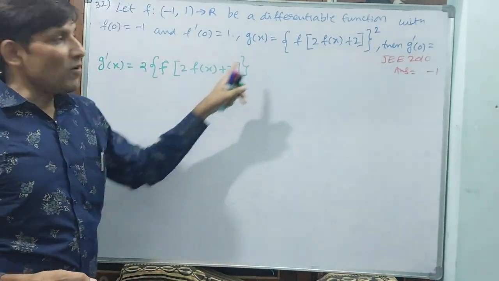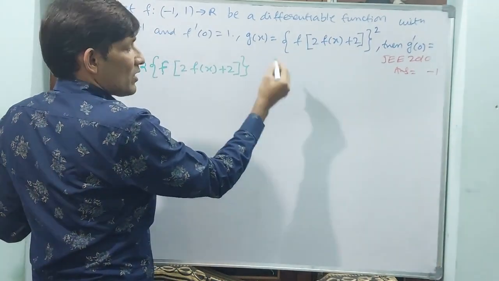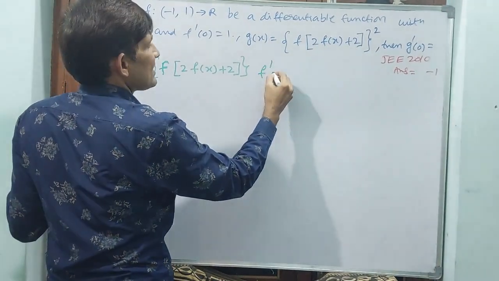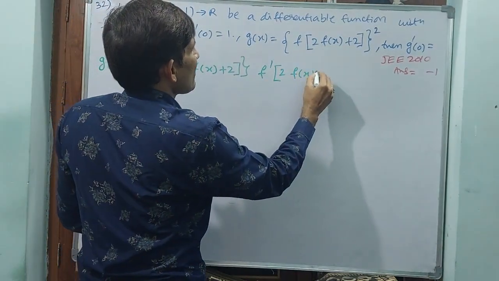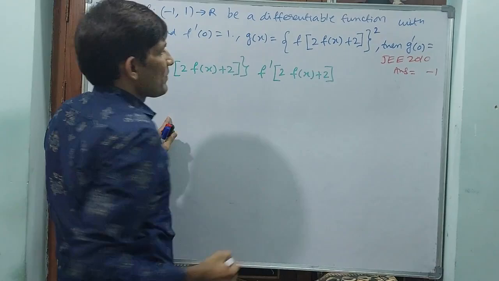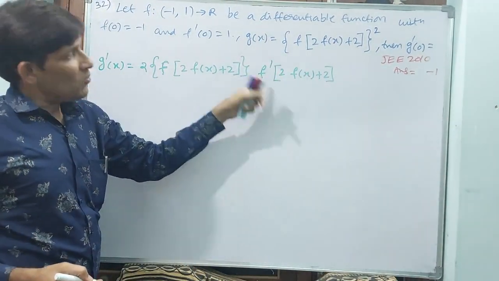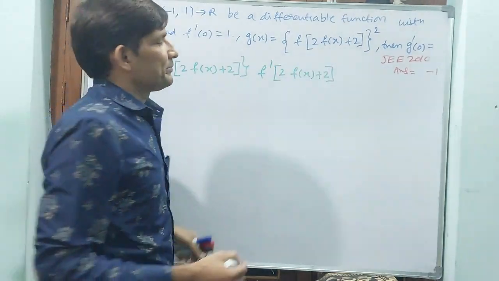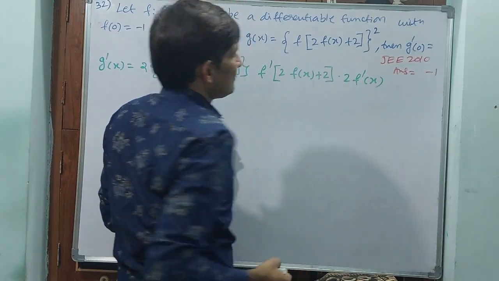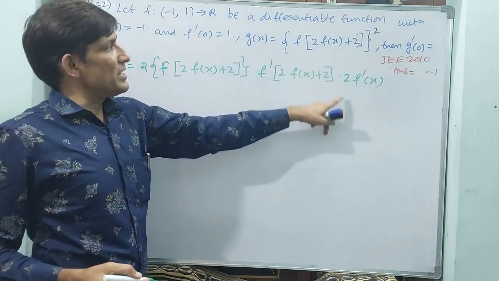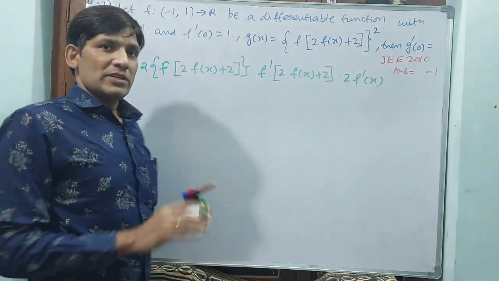Again d by dx of f of, f means what will we have? f dash of 2 times f of x plus 2. Now x was there, d by dx of x is done. Now again d by dx of 2 f of x. 2 f dash x will come. Remember, 2 is going to become the coefficient, f of x differentiation means f dash x, 2 is 0, that's all, over.